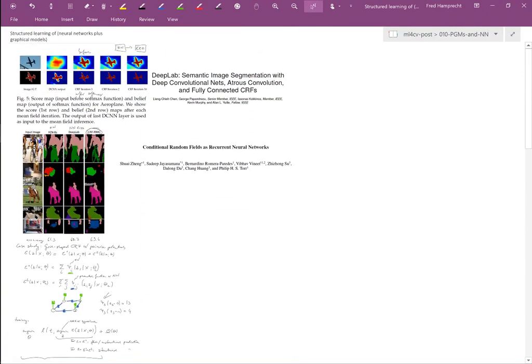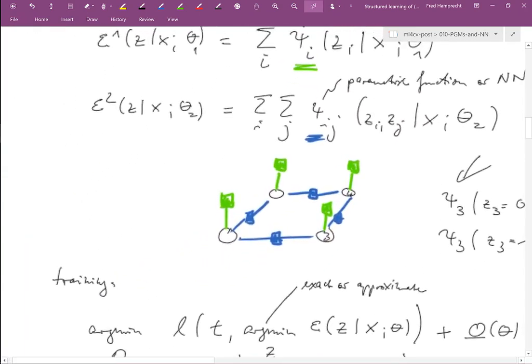So bottom line is, after this hour, we know if we have a neural network plus a simple MRF looking like this, what we can do. If Z is discrete, we could either use loopy belief propagation or mean field iterations. If it's a Gaussian random field, we can use these matrix inversion formulas, solving sparse systems of linear equations in there.